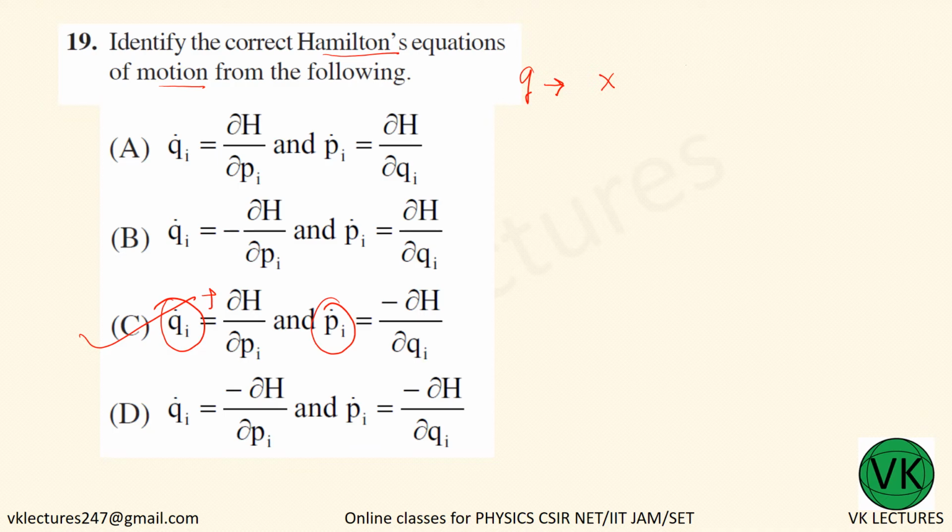So Q dot will be x dot, which is nothing but v. Just for comparison I am giving you these ideas. Now what is P? That is nothing but momentum m v, that is m x dot. And what is P dot? That is nothing but m x double dot.